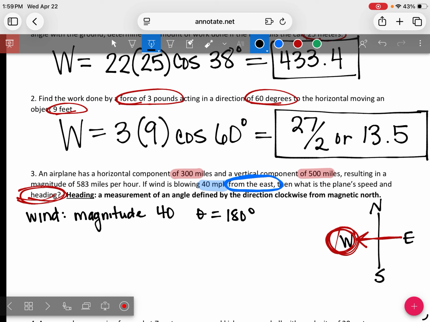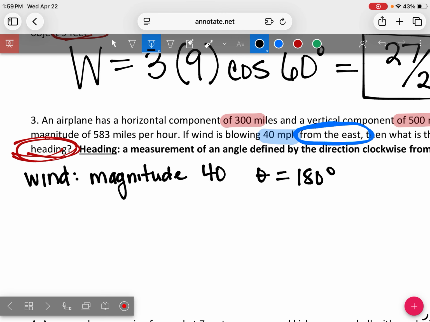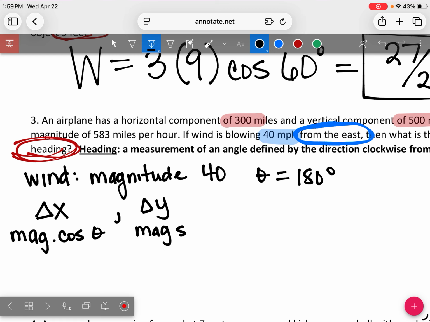And I don't know if you remember going back, but I gave you this formula that said delta x is equal to magnitude cosine of theta, and delta y is magnitude sine theta.